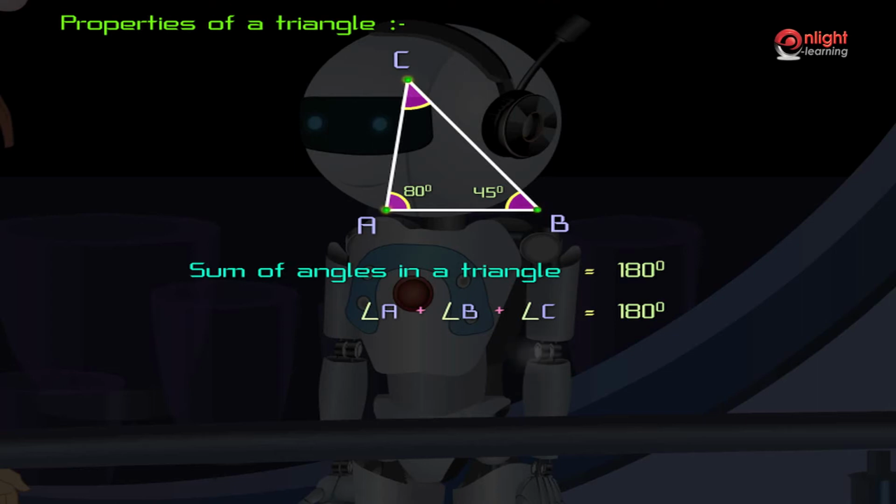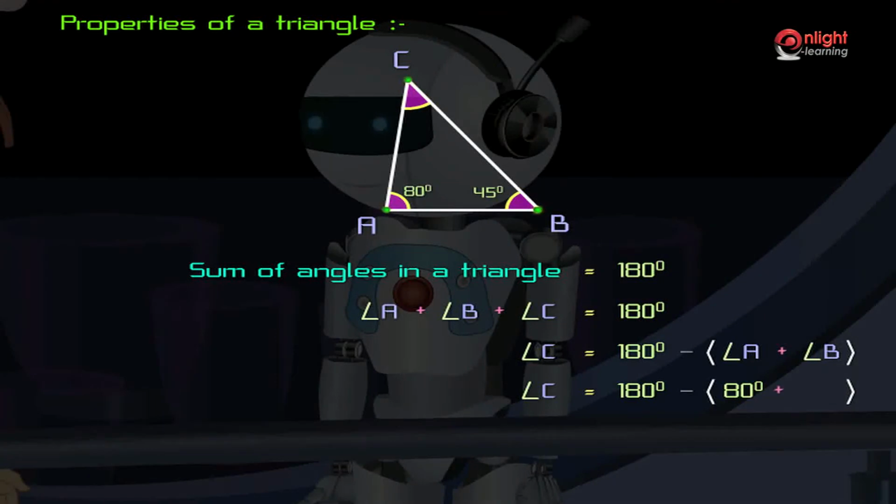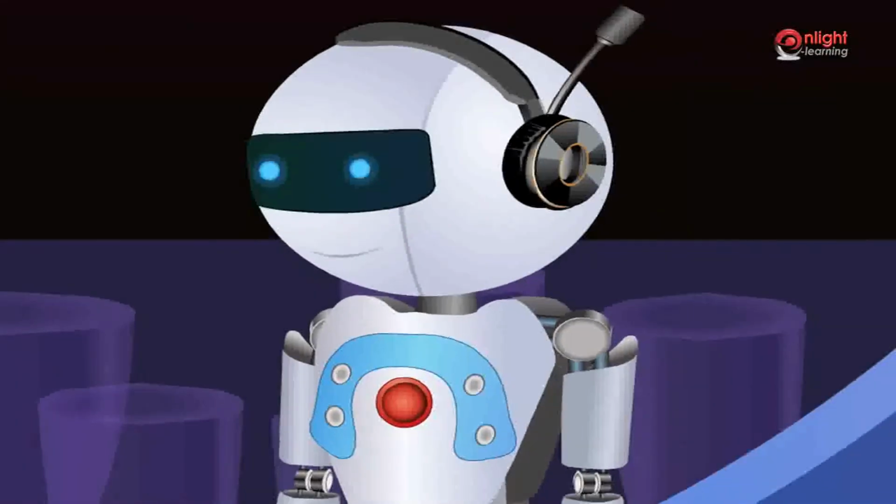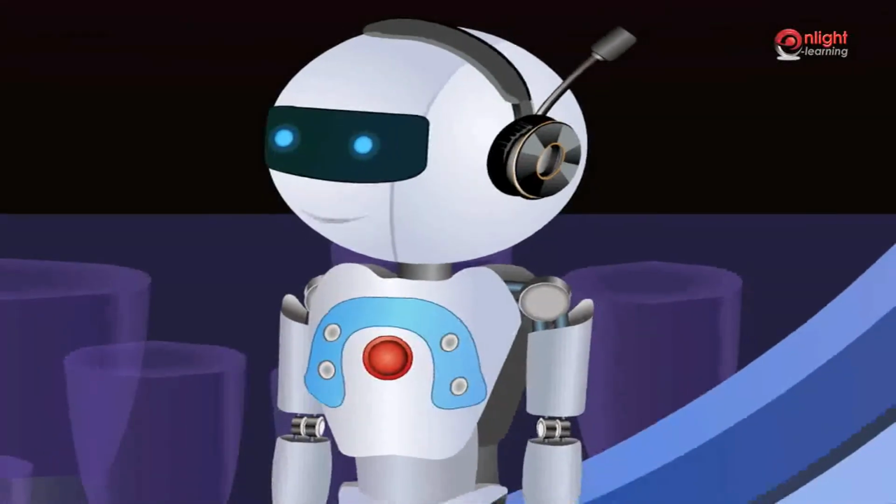By subtracting the sum of angle A and angle B from 180 degrees, it gives us angle C. In this case, angle C is equal to 180 degrees minus sum of 80 degrees and 45 degrees, which is equal to 55 degrees. Let us now solve a problem to understand this concept.